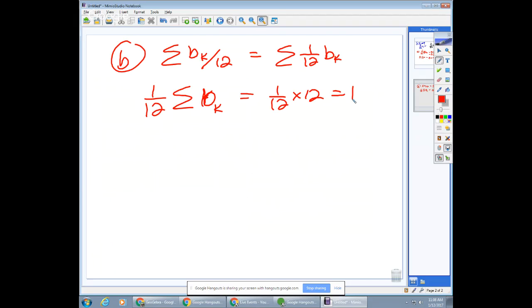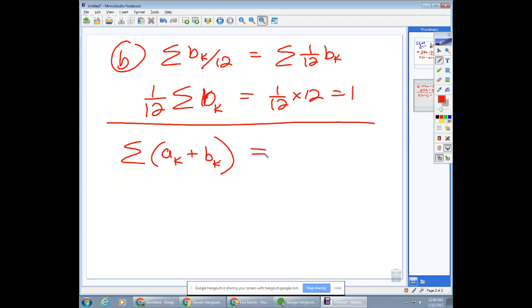Okay, so some other properties of sums that we have are if you take the sum of a bunch of a's and a bunch of b's together, you can always break that up as the sum of the a's plus the sum of the b's.